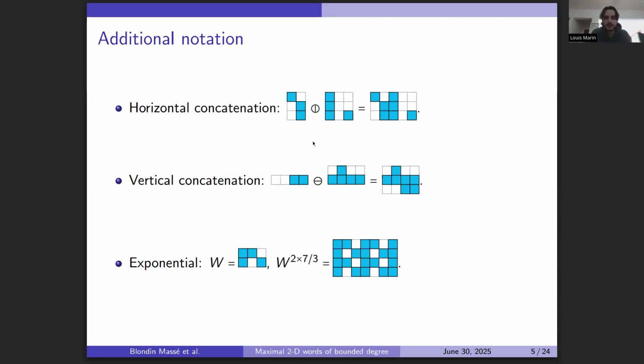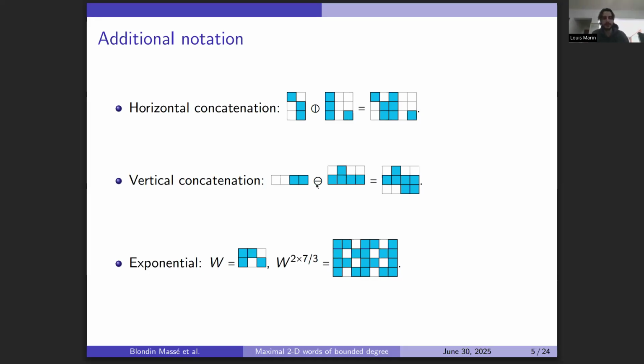Maybe the particularity that 2D words have over 1D words is that horizontal concatenation can only exist if two words share the same height. Two words can be horizontally concatenated only if they have the same height, which means that this operation is not closed. The set is not closed under this operation.